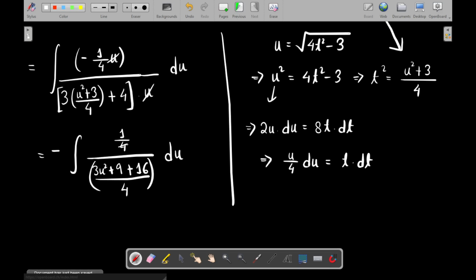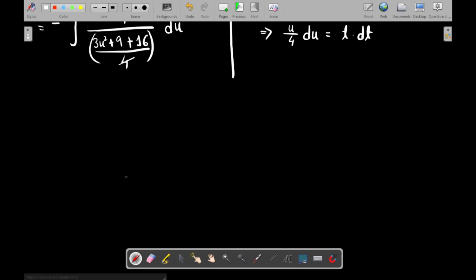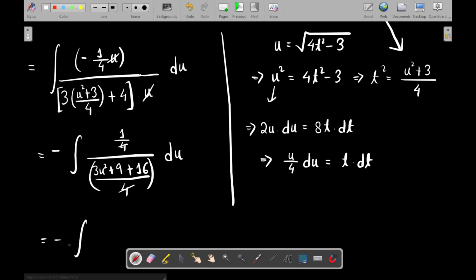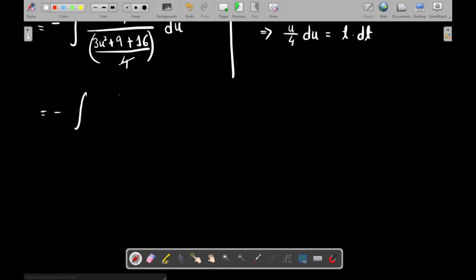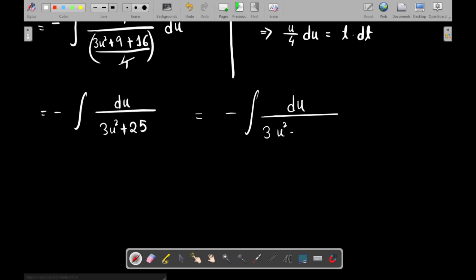So this 4 and this 4 cancel each other, and this now becomes minus integration of du upon 3u square plus 25, right? If I take 3 common here, this will become u square plus 25 by 3, right?